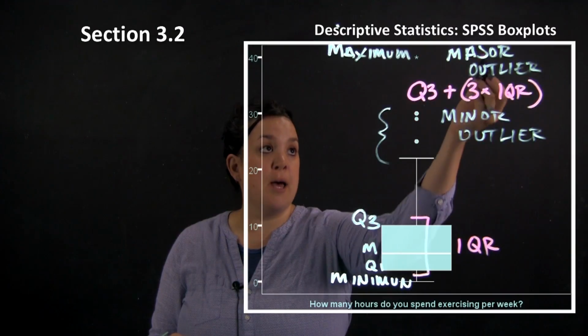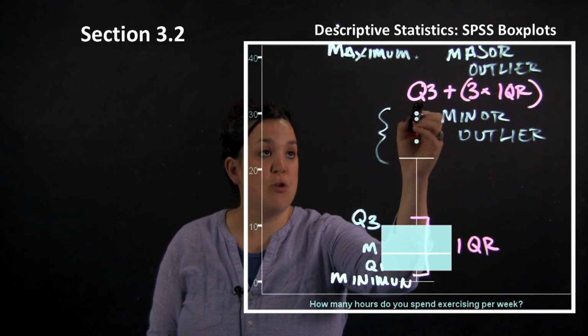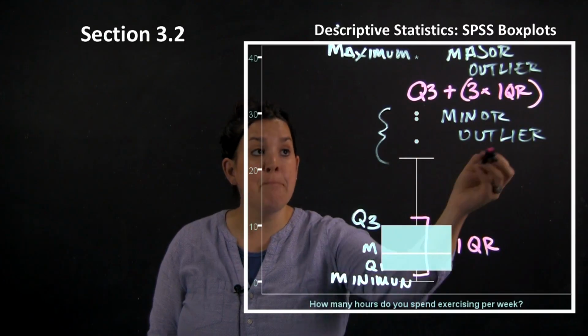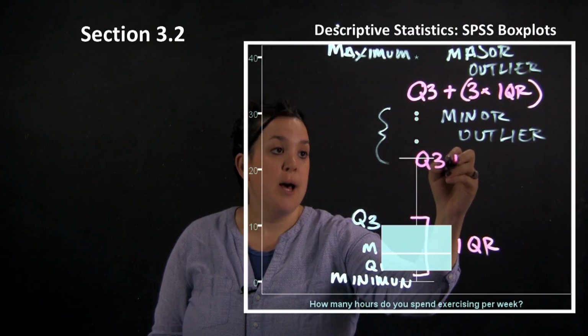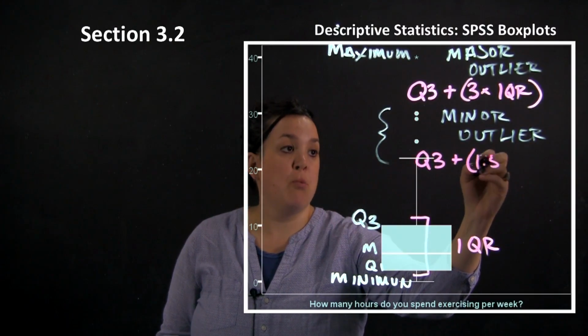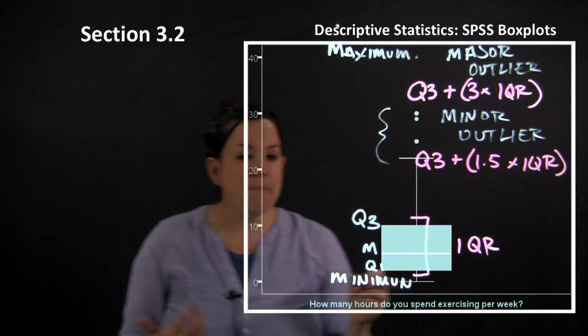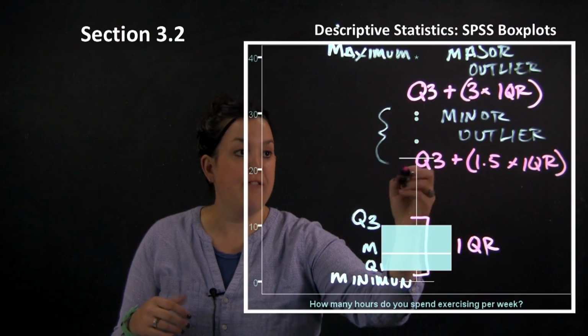So identifying a major outlier at the top end of the data set takes the location Q3 and adds 3 times your IQR. A minor outlier then is going to take Q3, but it would add only 1.5 times your IQR. So what that means is it's going to take this location, and it's called a fence.